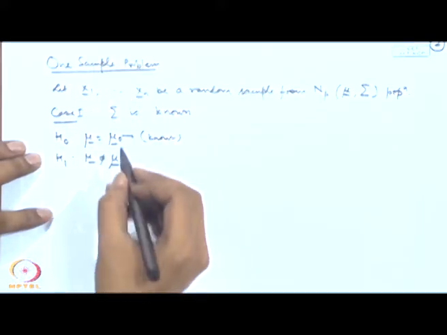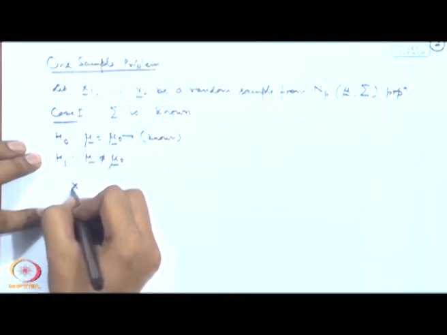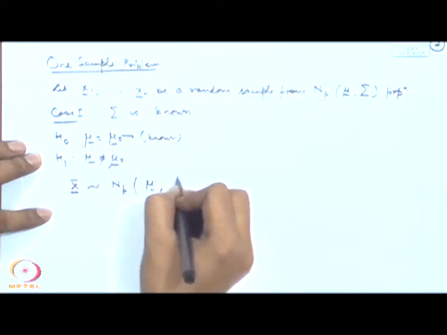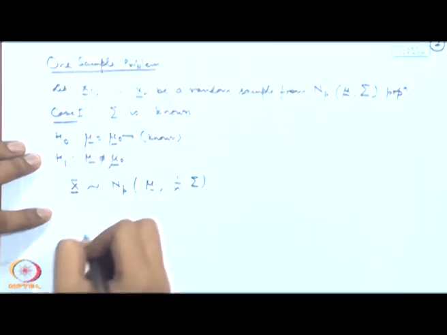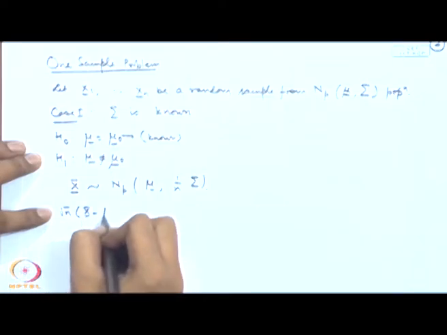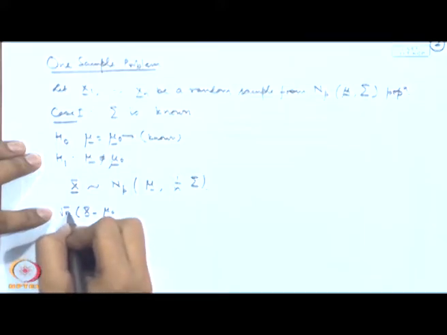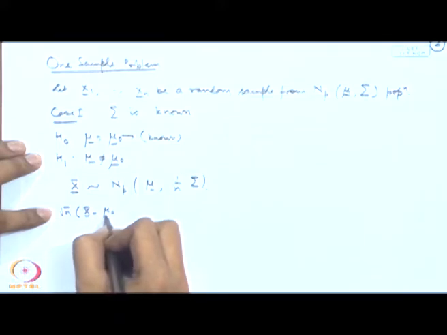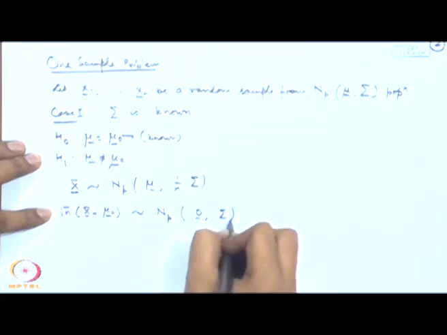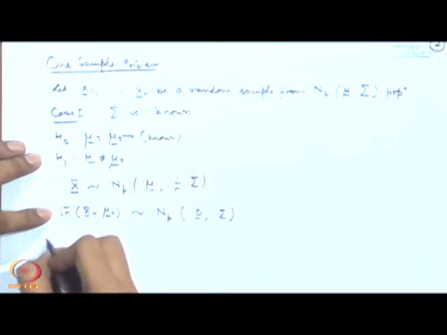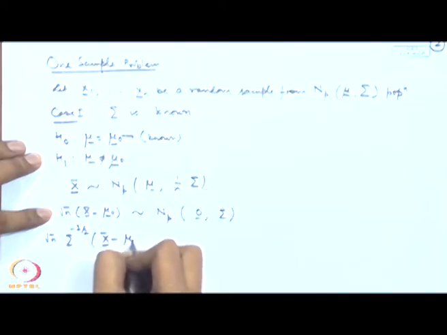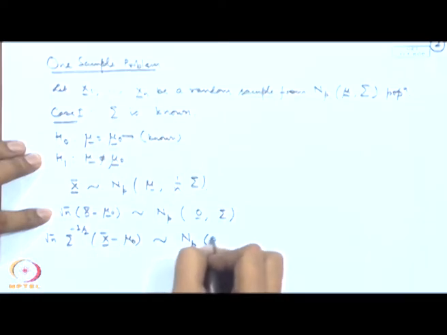We consider the structure of the sufficient statistics here: X bar follows N p (mu, 1 by n sigma). So, based on this, if I consider root n (X bar minus mu naught), that will have N p (0, sigma), and then if I consider root n sigma to the power minus half (X bar minus mu naught), that will have N p (0, I).